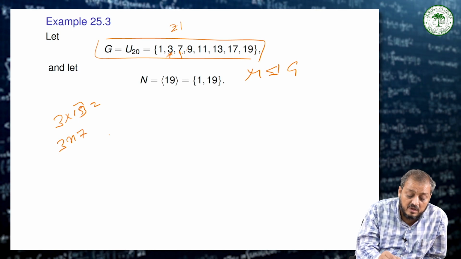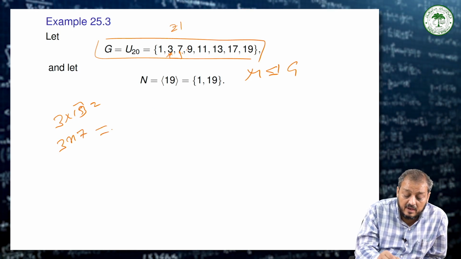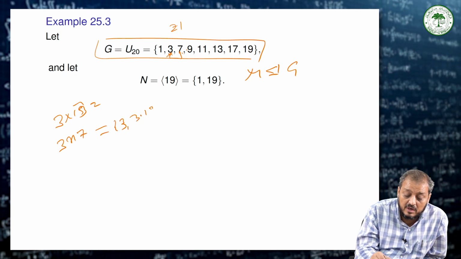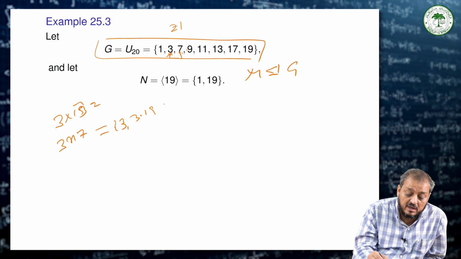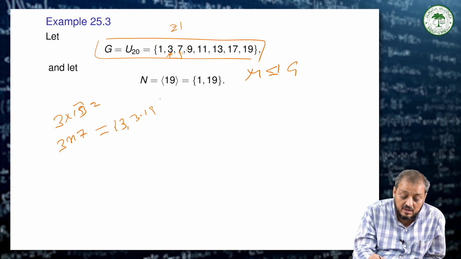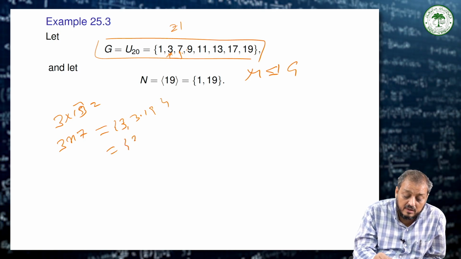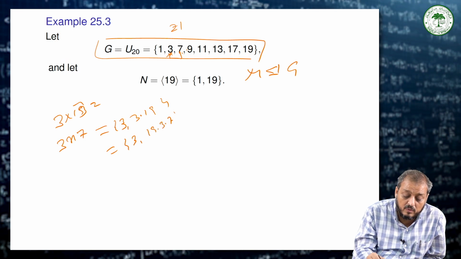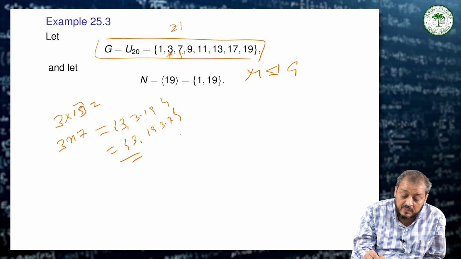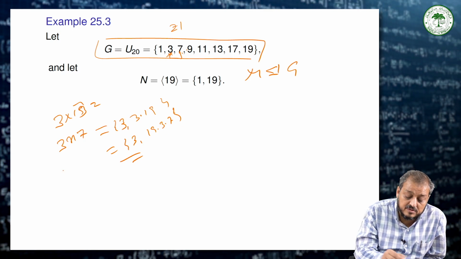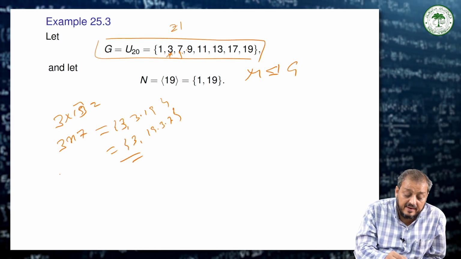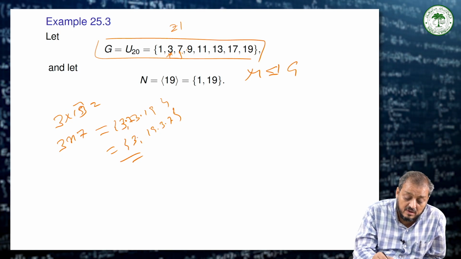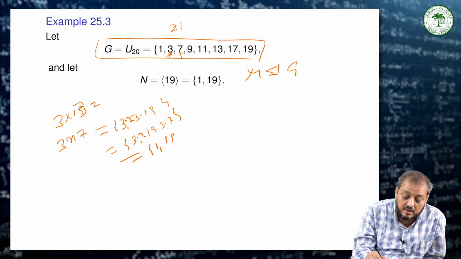This means you have 3, then 19, then the inverse 7, and this is equal to 3 times 19 times 7, again 19, and this is equal to 1 and 19.